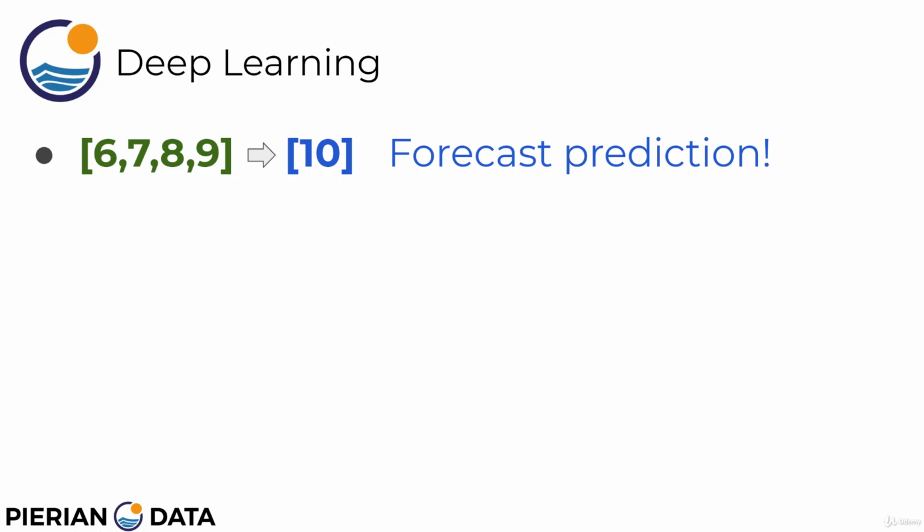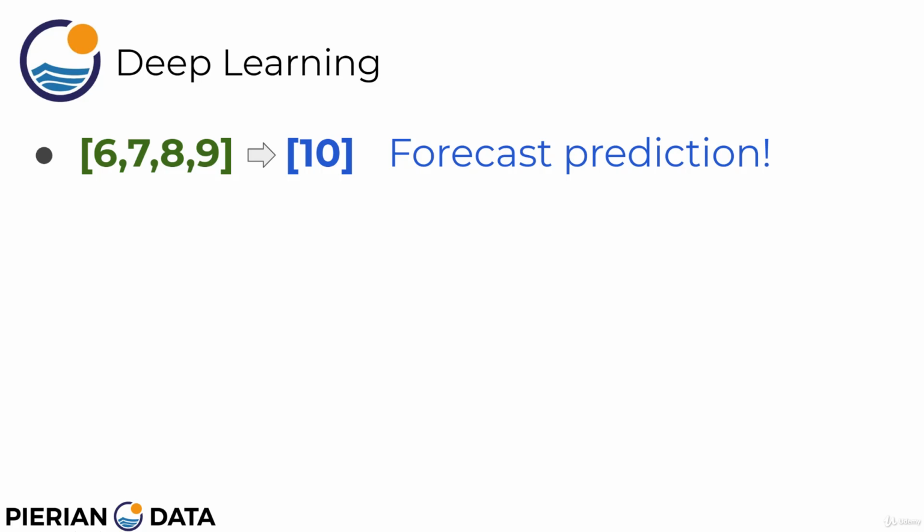You can get an intuition of how far off you are. For example, here we can clearly see the pattern is add 1 as you go along, so 10 doesn't seem to be a ridiculous prediction. So we can kind of evaluate it that way, but we really don't know whether or not 10 is 100% correct for the forecast prediction, since this is unknown data.